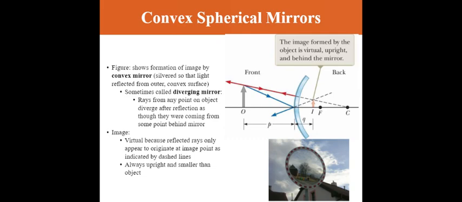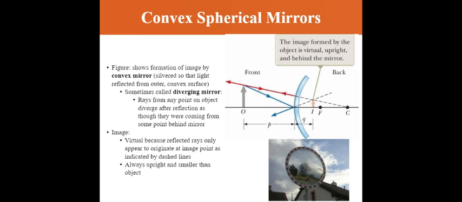So the image point for a convex mirror is always behind the surface of the mirror. And no matter where you place the object, even if it's far or close to the mirror, the image it creates is always going to be upright, and it's generally going to be smaller than the object.